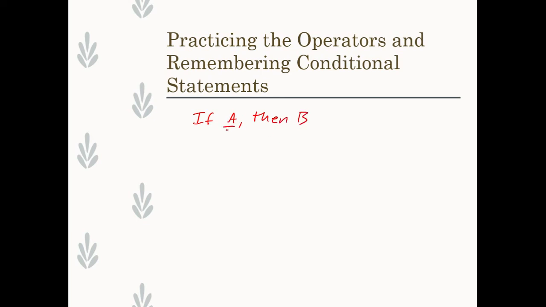This A, the fancy name for that is the antecedent. This B, the fancy name for that is the consequent. Another word for antecedent is sufficient condition.